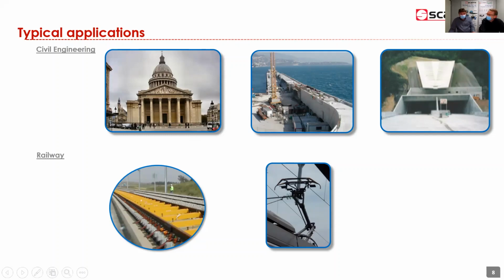Okay, and then railway. For track monitoring on the rails or the foundation under the rails, and this kind of application, and for pantographs also. These are the main areas at the moment.